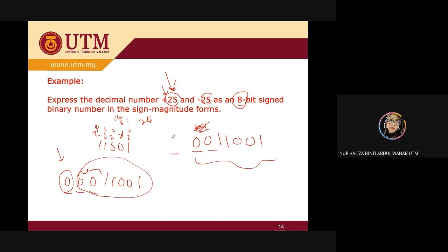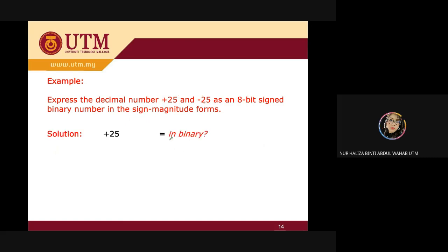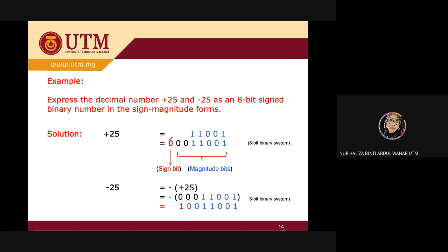And my only sign is in front at the MSB side, so I put 1 over here. So you will get it like this, and for negative, it is like this. Similar to what I shared just now.